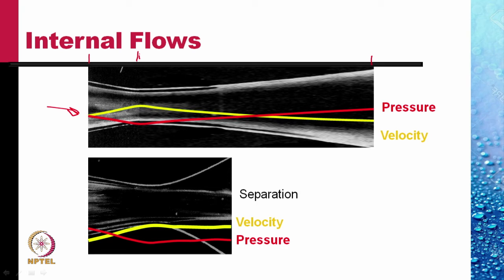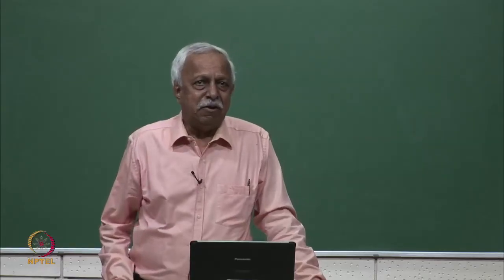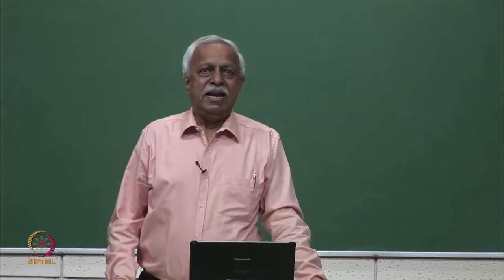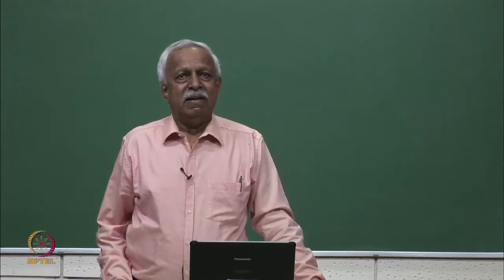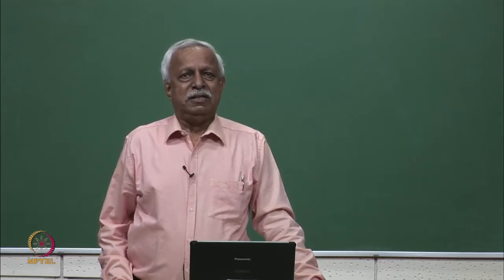The yellow line shows the variation of velocity. Then in the diverging portion, the velocity decreases again. What happens to pressure? As the velocity increases, the pressure decreases, in accordance with the Bernoulli theorem that you studied in high school, and which we will cover here in much more details in a later chapter. The pressure increases as the velocity decreases, and then the pressure increases again after the throat as the velocity decreases.